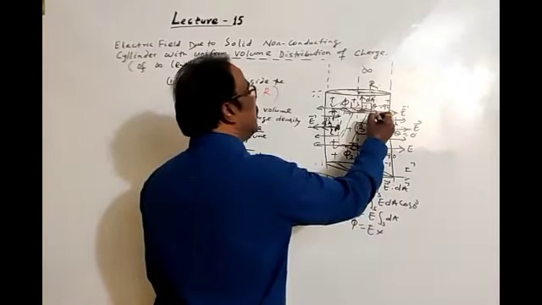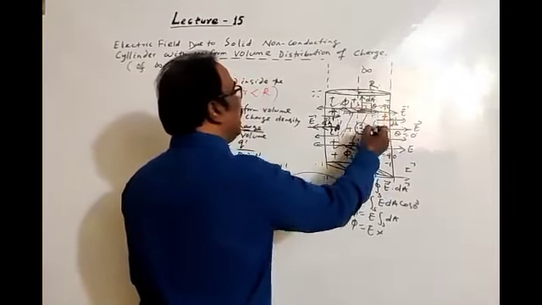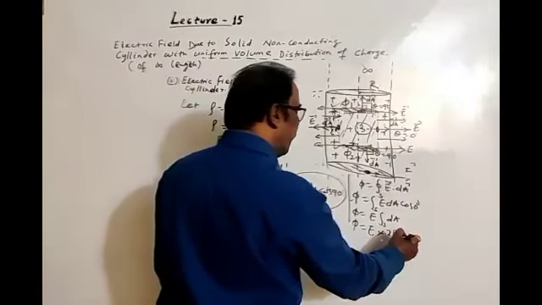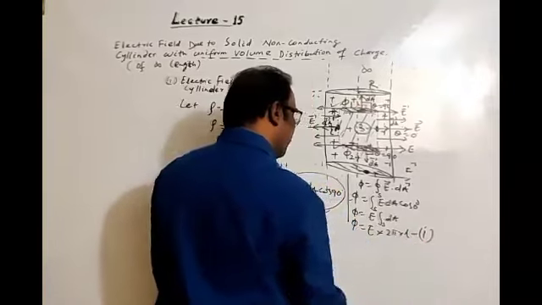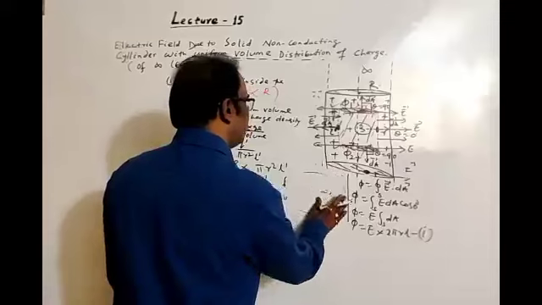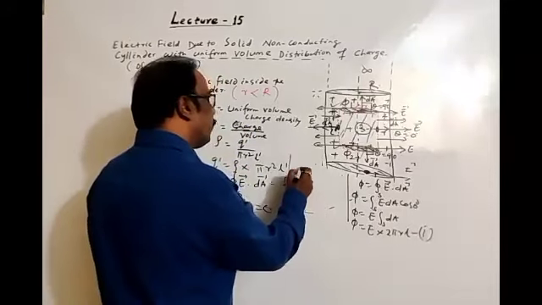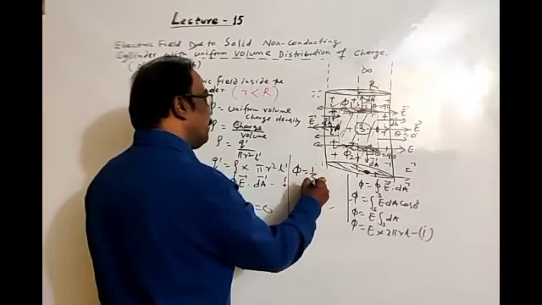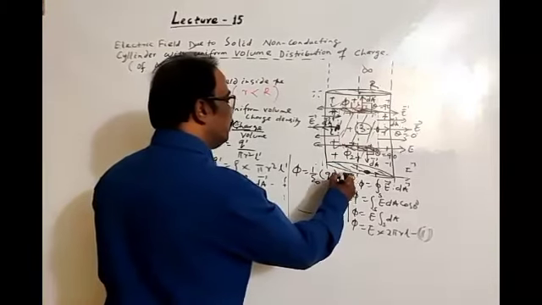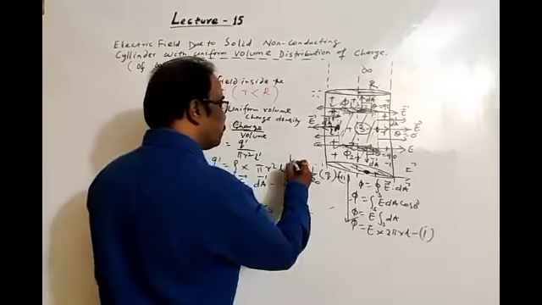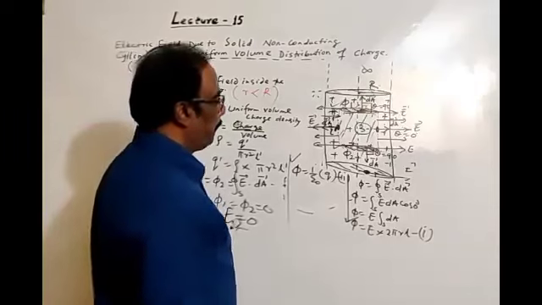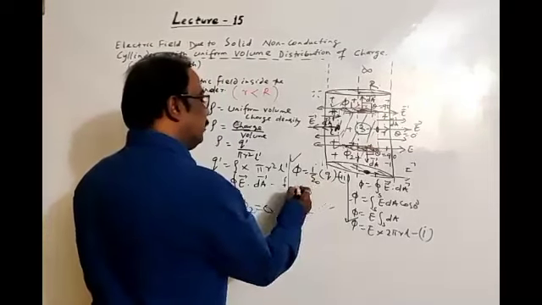The radius of this Gaussian surface is R, the length we have taken is L, then the area is 2 pi R L. This is equation 1, the flux. Then according to Gauss, flux is 1 by epsilon naught times the charge enclosed. This is equation 2, this is flux. Now let's equate them.